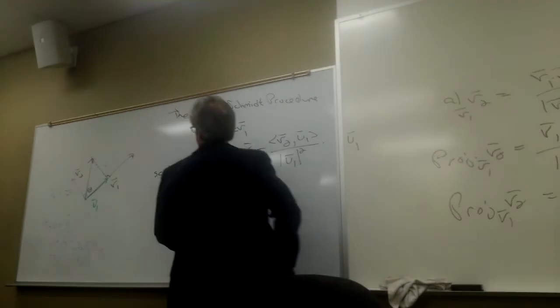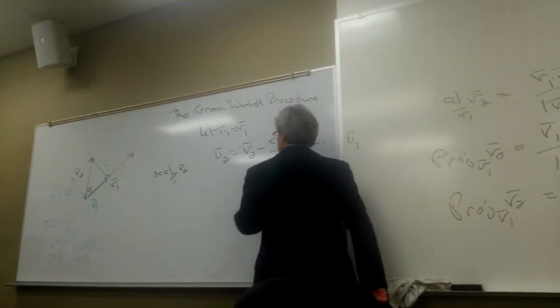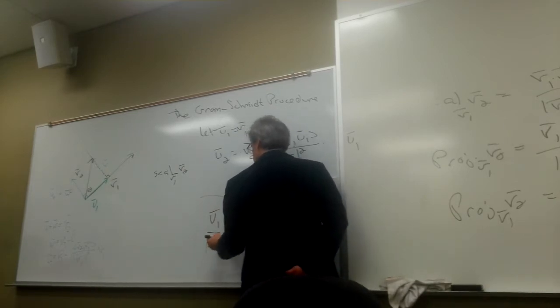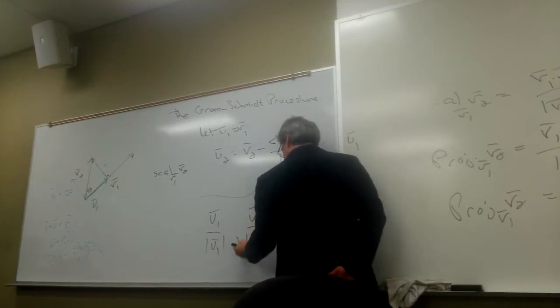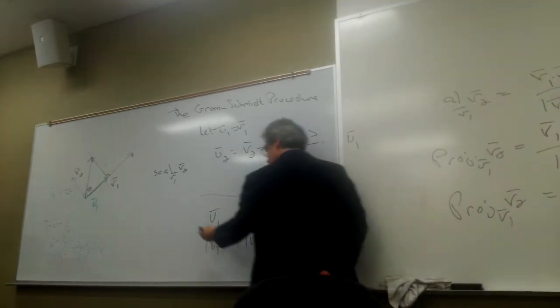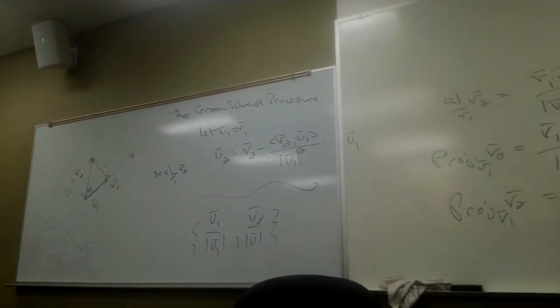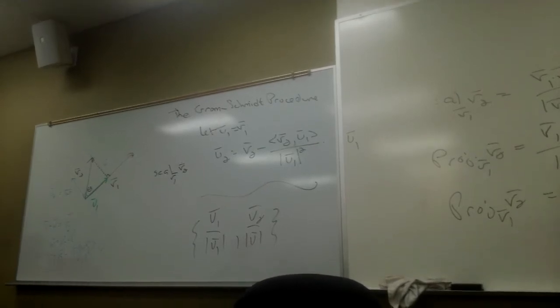If you want to create a set of orthonormal vectors that span the same space as V1 bar and V2 bar, it's this easy. You're just going to take your U1 bar and divide out by its magnitude. You're going to take your U2 bar, divide out by its magnitude. That'll be a set of two vectors that are not only orthogonal to each other, but they're unit vectors. I'll consider that an orthonormal set of vectors. It's just a fancy word describing those two qualities.